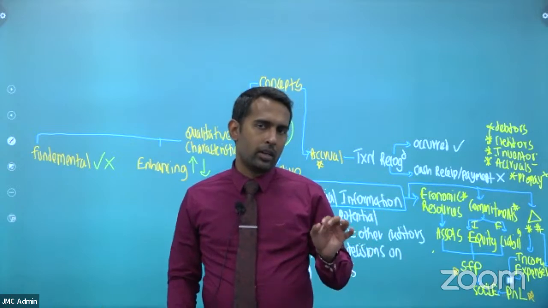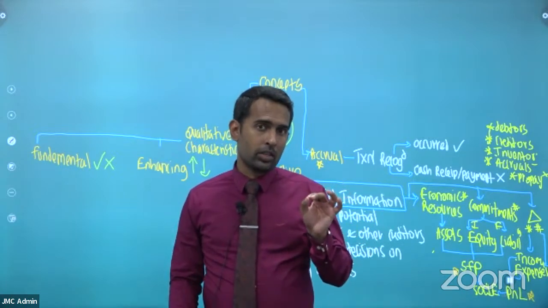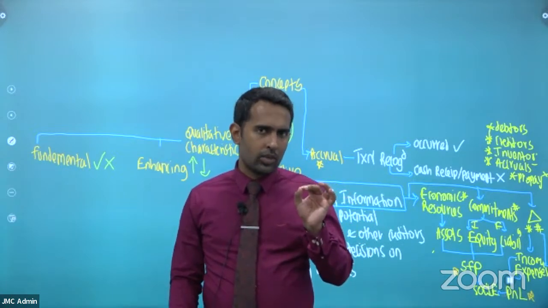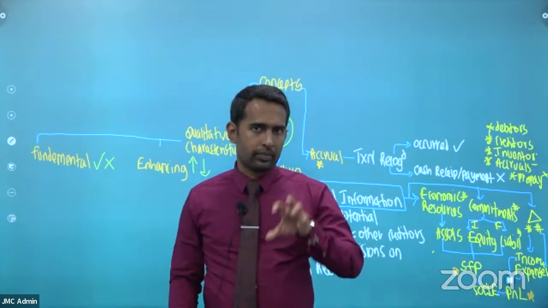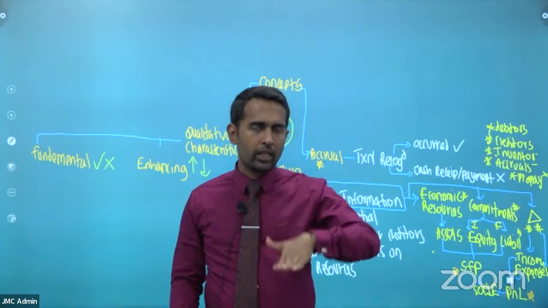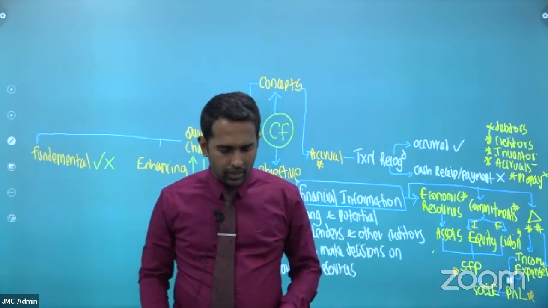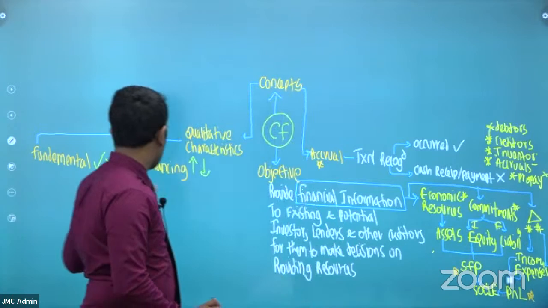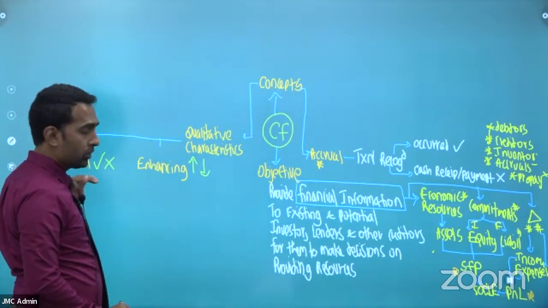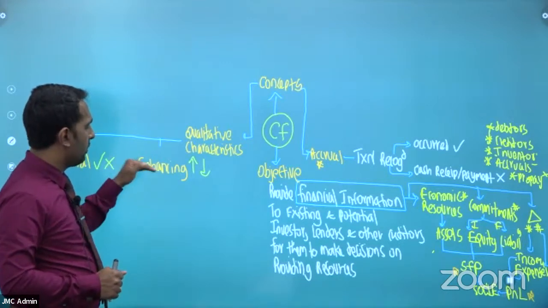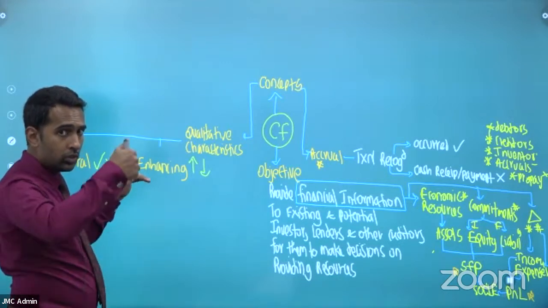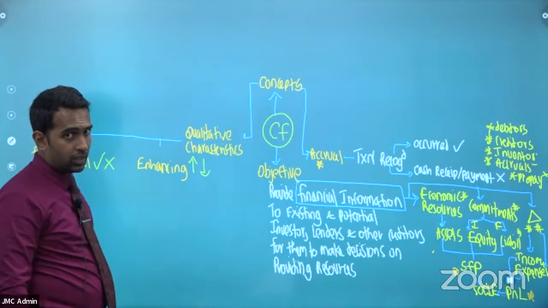It's definitely quality information, but in the absence of enhancing, quality is lesser. So with the presence of fundamental, it's quality or not quality. With the presence of enhancing, quality goes up. In the absence, quality comes down.